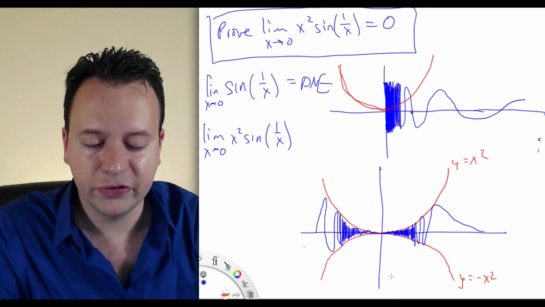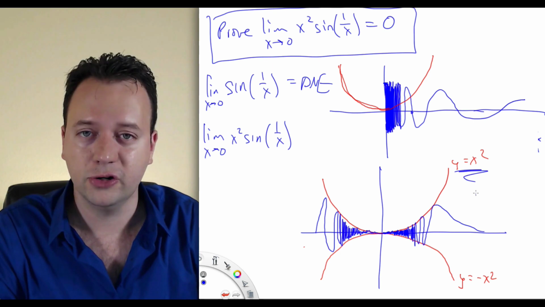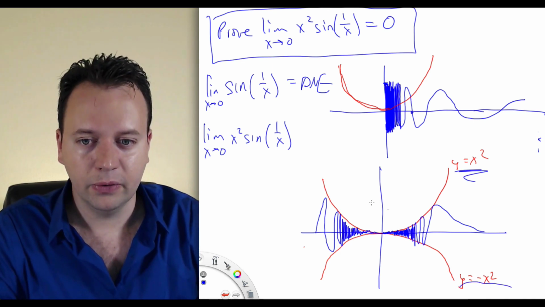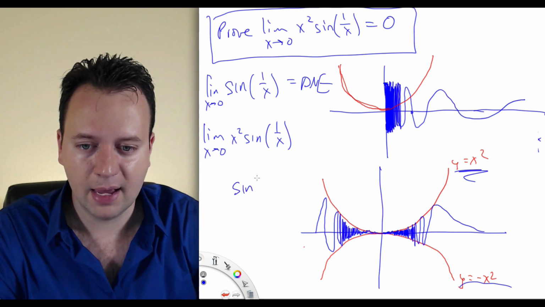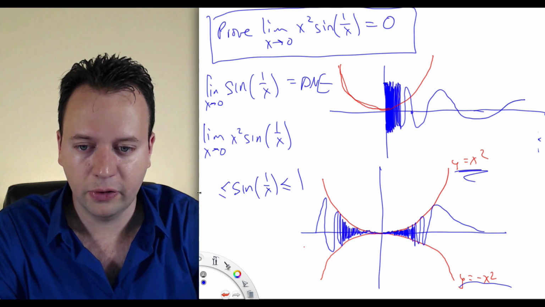So how do we prove this using the squeeze theorem? Well, the upper function is x squared, and the lower function is minus x squared. So it's very simple. Sine of 1 over x is always less than or equal to 1 and greater than or equal to minus 1.